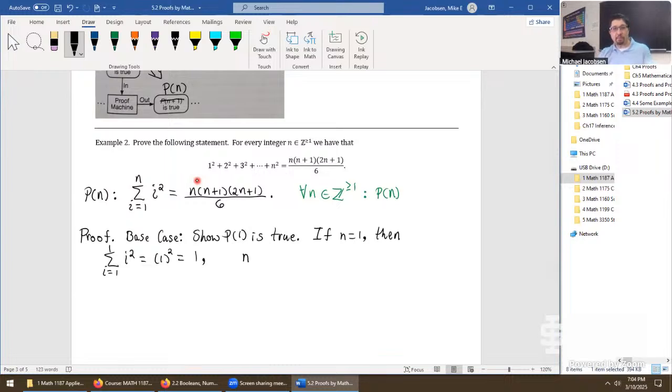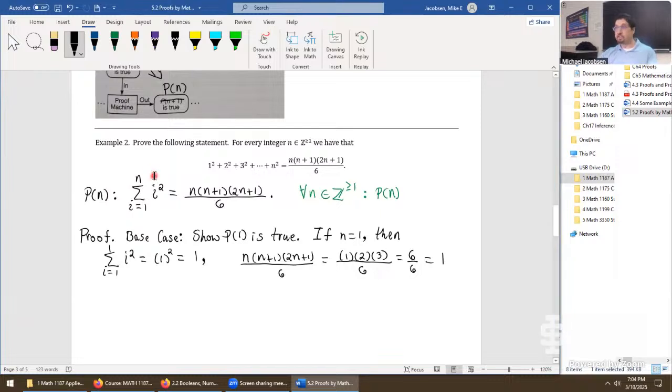But first, let's start by saying what we're actually computing. Take n times n plus 1 times 2n plus 1, over 6. Now use this information, if n is 1, the structure becomes 1 times 2 times 3, divided by 6, and that is 6 over 6. Hard to say for some reason, and that's exactly 1.